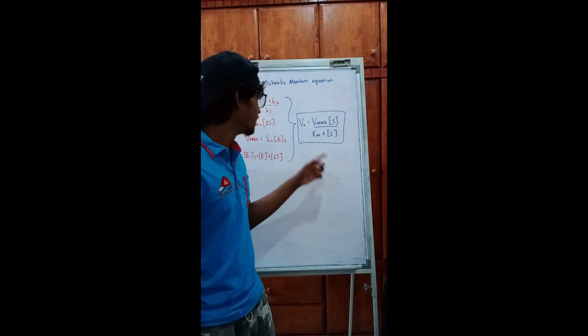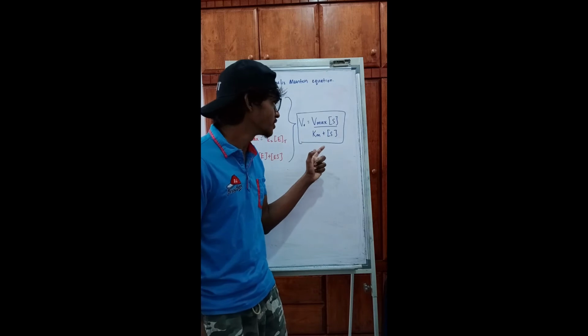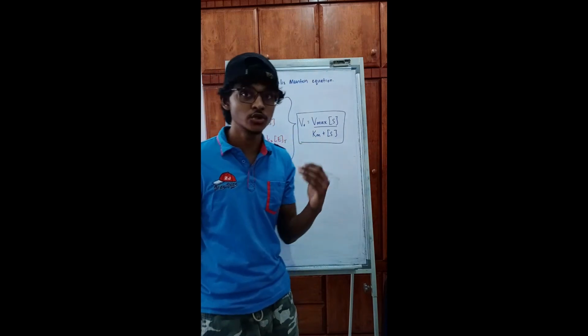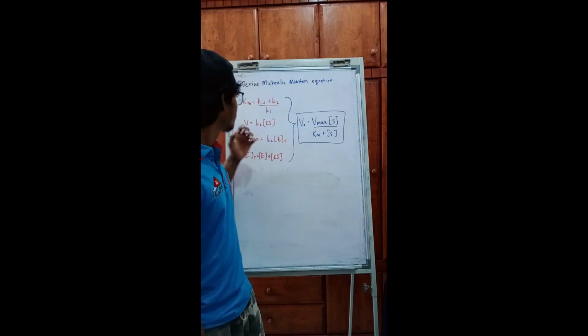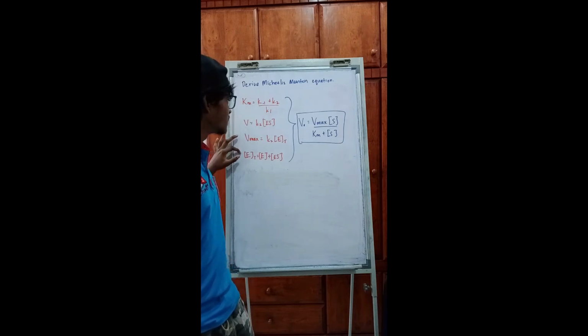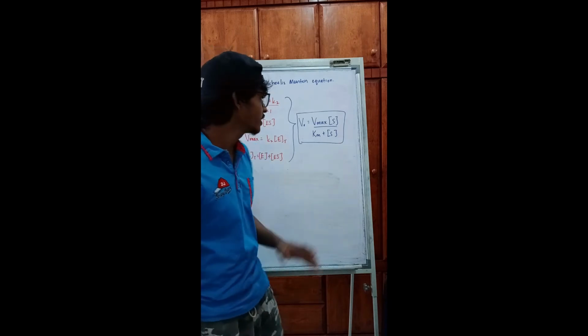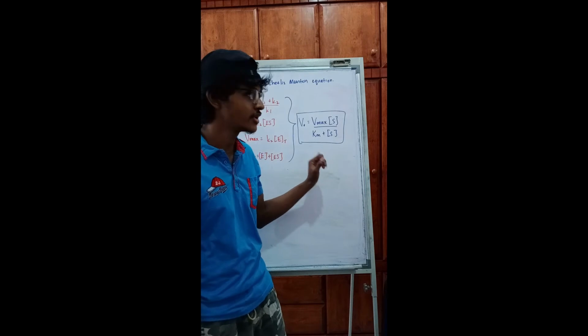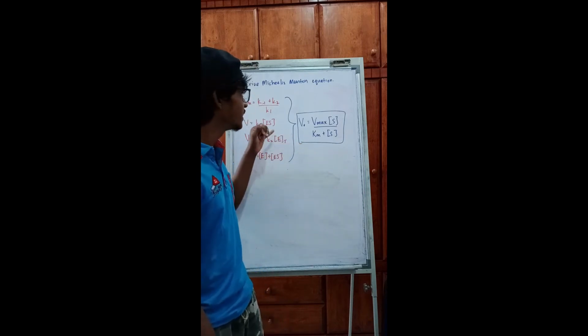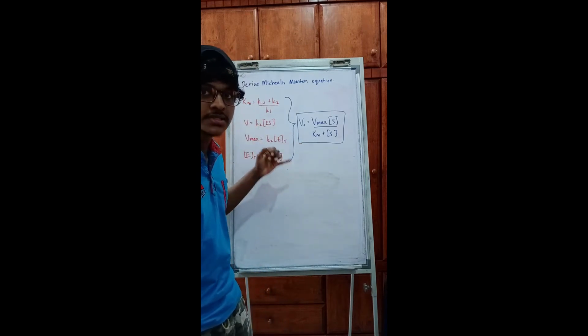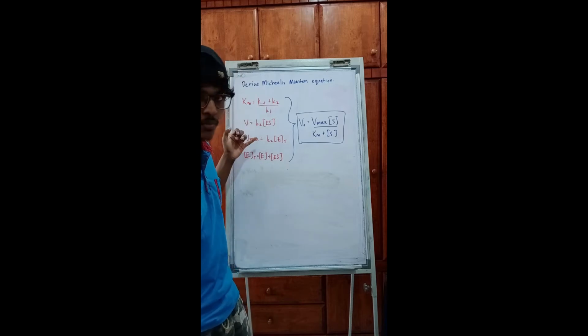In order to get this Michaelis-Menten equation, there are several steps that need to be worked on. So these are the main sub equations that we require in order to make this equation. Let us see the sub equations in detail one by one.